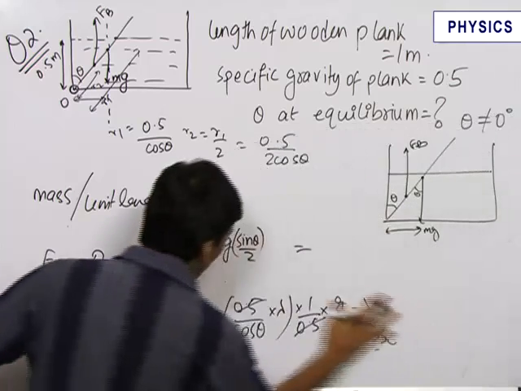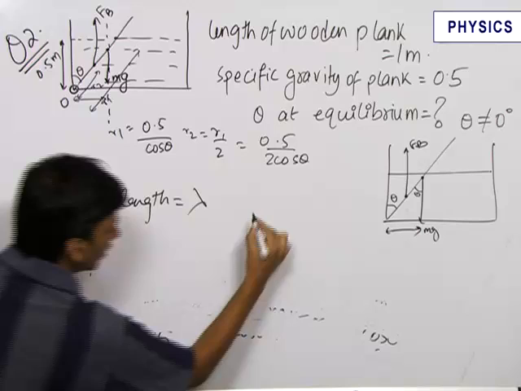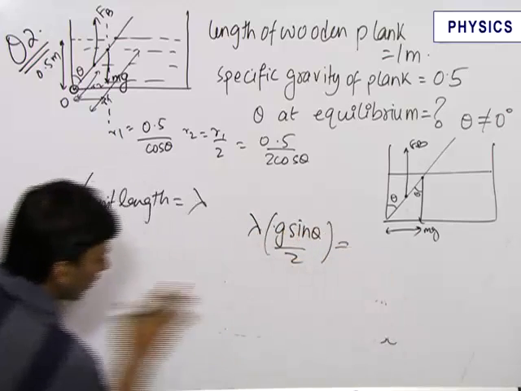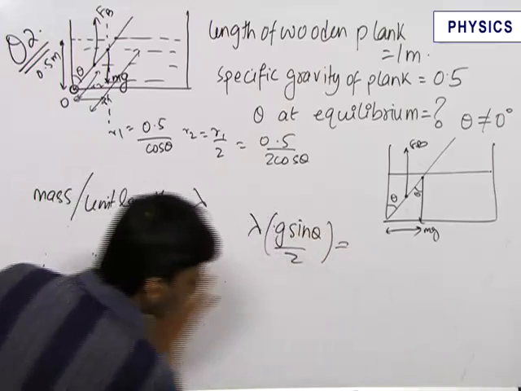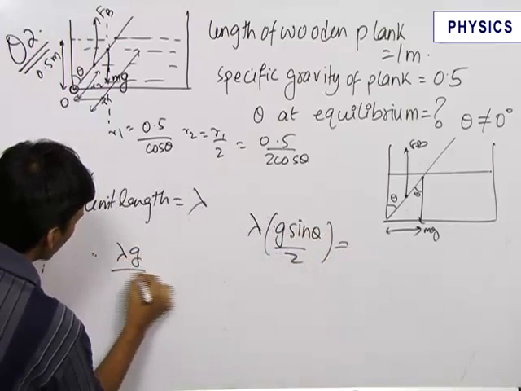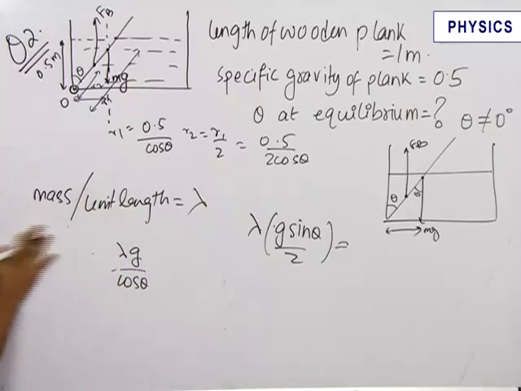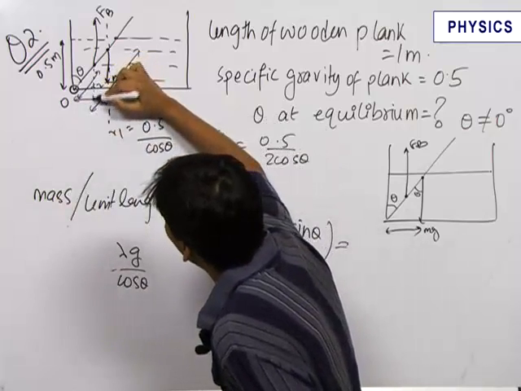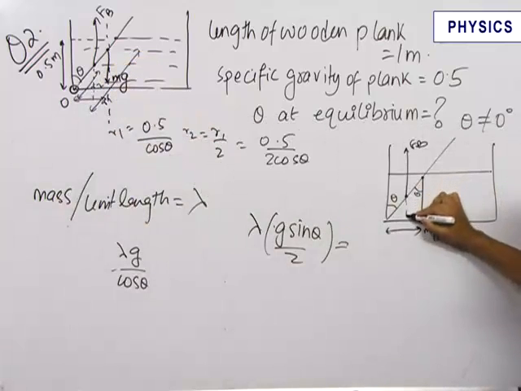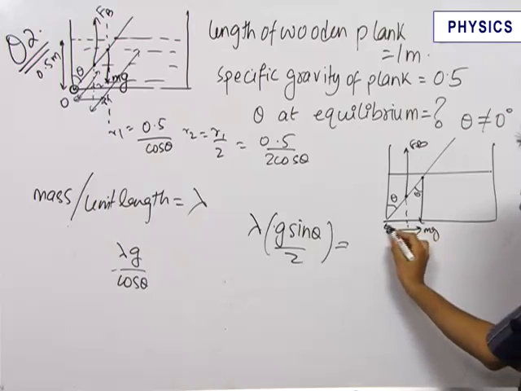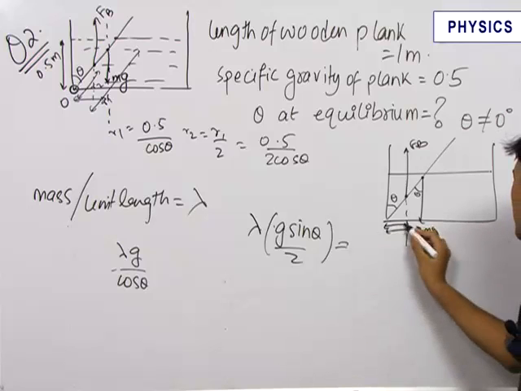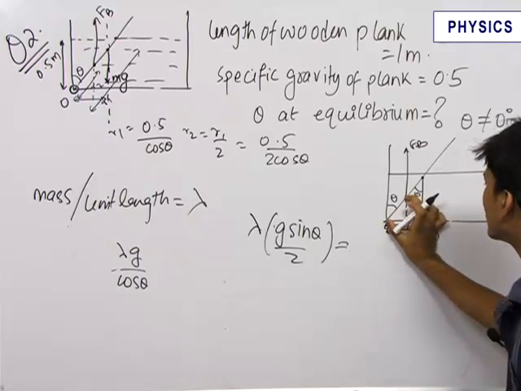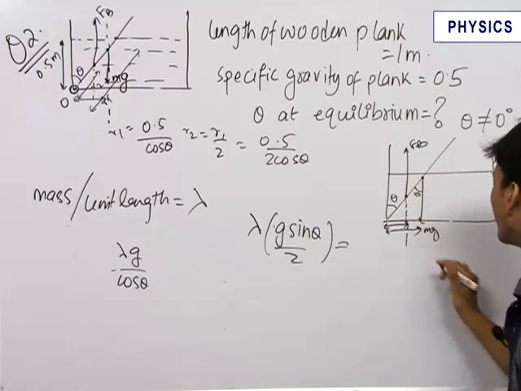We now need to equate: lambda g sin theta by 2 is equal to lambda g upon cos theta, the magnitude of the buoyant force, multiplied by r perpendicular of this force, that is the perpendicular distance of the line of action of this force from the point about which we are finding the torque. This distance is 0.5 by 2 cos theta.